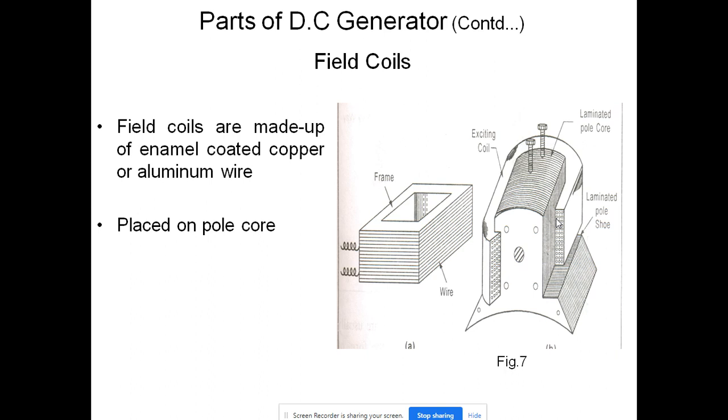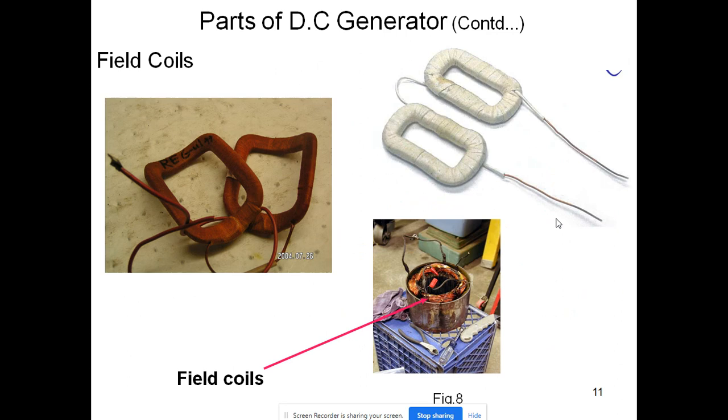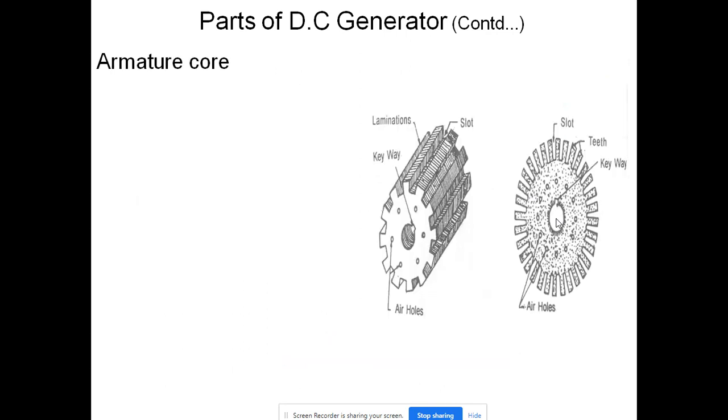These field coils are placed on pole core, and they produce the magnetic flux when excited. You can see the various diagrams of field coils which are placed in the yoke. The next one is armature core.